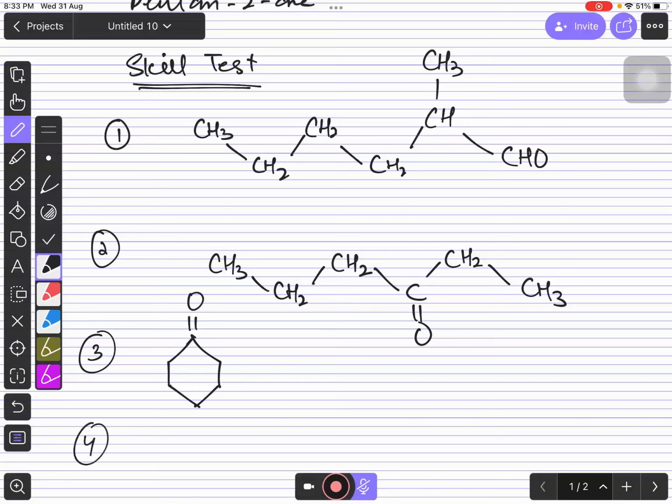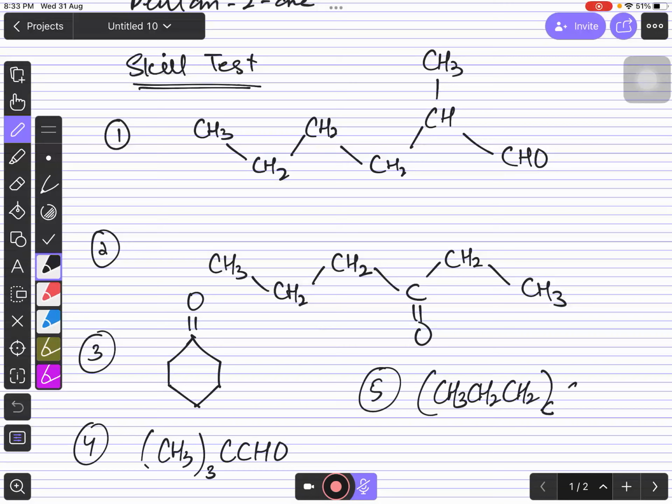And for example, if you have CH3 thrice C, CHO, what is the name of this? And if you have this molecule, CH3, CH2, CH2 twice, C double bond O, right? So you need to name these compounds as your homework, right?